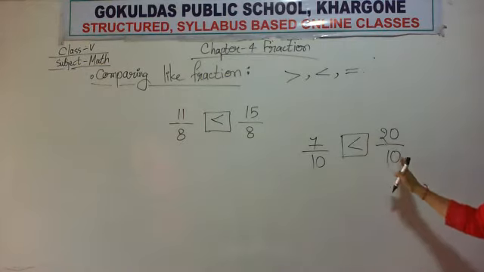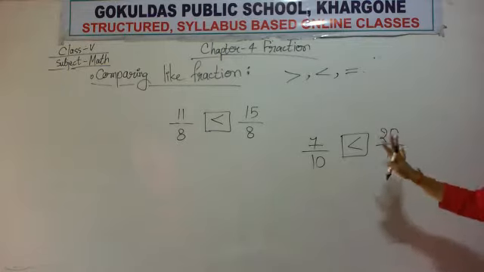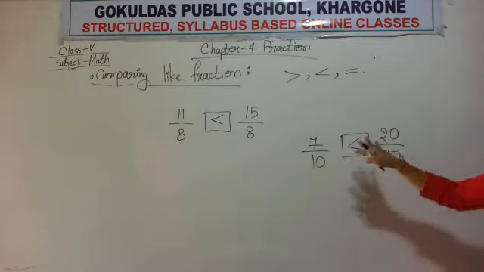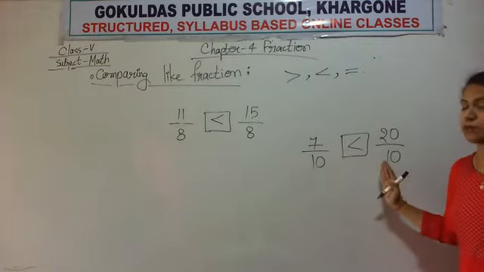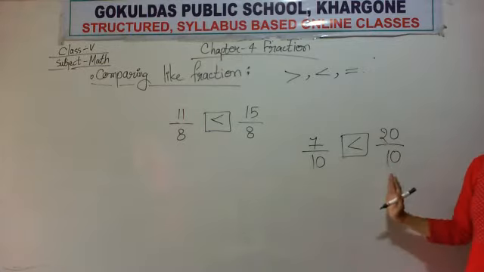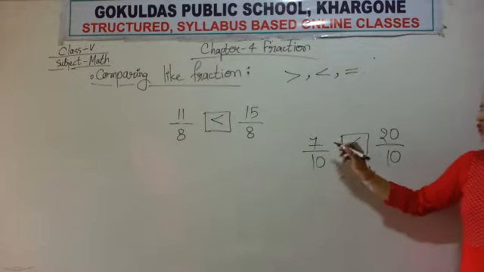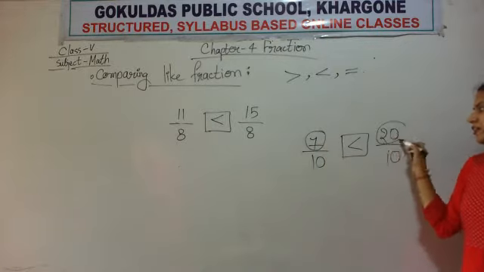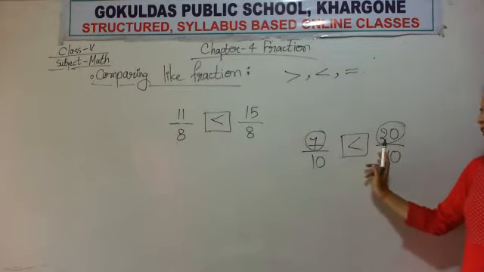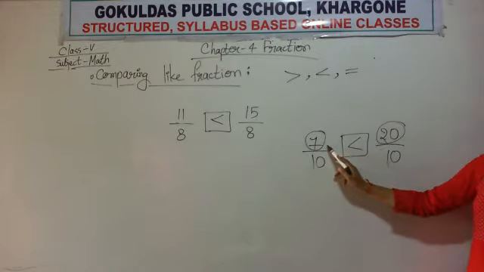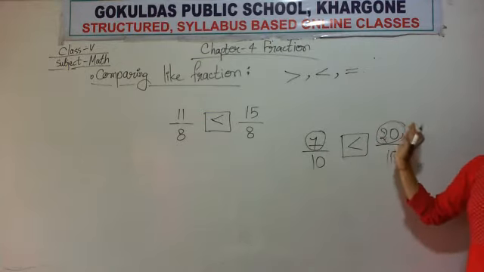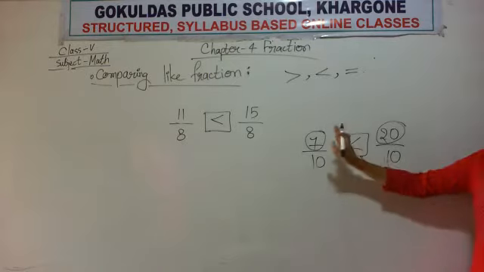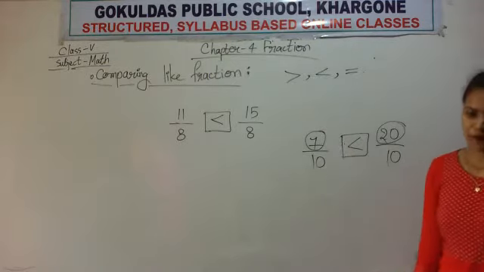Because both numbers are like fractions, having the same denominator. And in like fractions we compare only numerators. Here in the numerator part 20 is greater than 7. So we conclude that 20 upon 10 is greater than 7 upon 10.